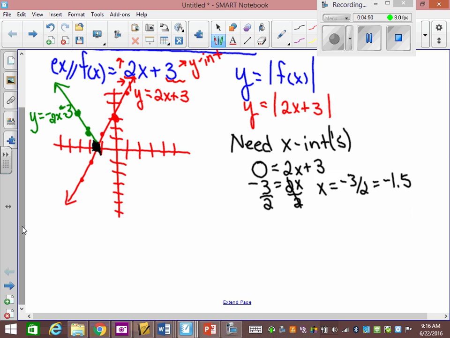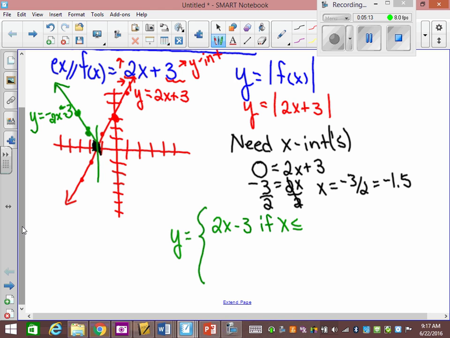So now we work our pieces from left to right. So we can go y equals, what's our equation on the left here? Negative 2x minus 3, if x is less than or equal to what value? What's the changing x?